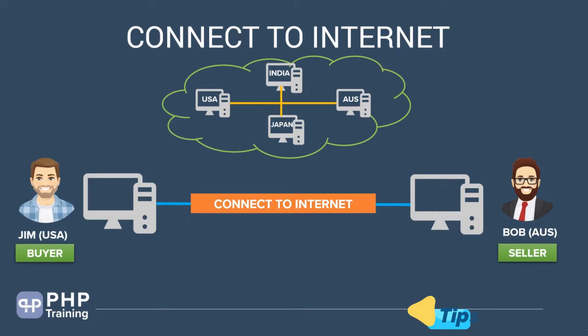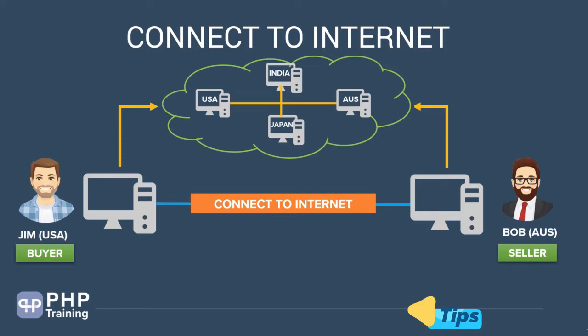So with the help of the internet, if Jim's computer can connect to the internet and Bob's computer can connect to the internet, then they are all connected via a single wire, and now they can find themselves, because the internet is a network where all the computers can be reachable, can be found, right? They can be found, they can be connected, and you can send information between the two systems via the same protocol, that is the TCP/IP protocol. Okay, so that's how the internet can solve the problem of the distance.